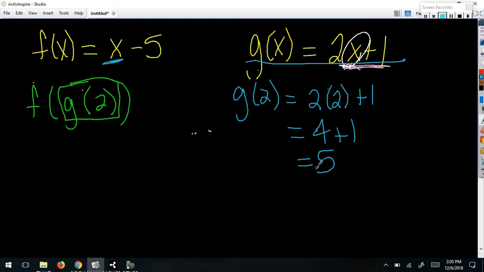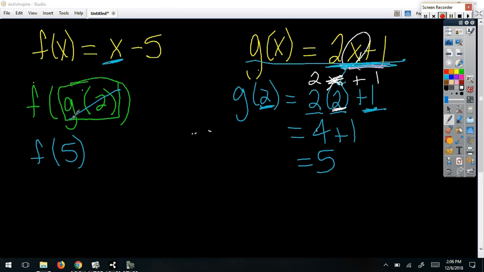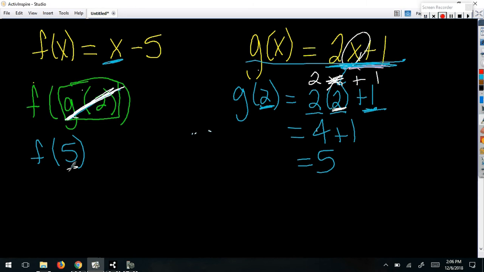Now what I'm going to do is say, well, I know what g of 2 is. G of 2 is 5, right? Are y'all following with me, or are you just writing it down? People are following with me. Nobody else has an answer. Okay, let me slow down a second. Now we replace g of 2 with 5. So the question is, what's f of 5?